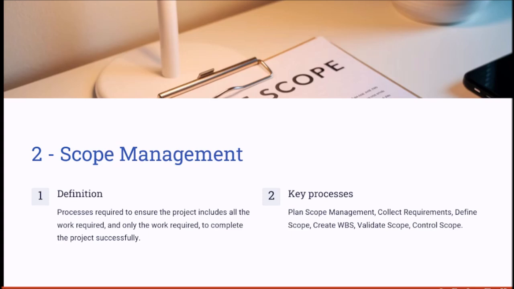After you complete your WBS, another key process is to validate scope, which formalizes the acceptance of the completed project deliverables. Finally, we have control scope, which monitors the status of the project and product scope and manages changes to the scope baseline. We will go through the scope baseline later in this course.